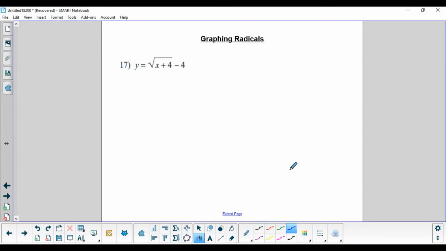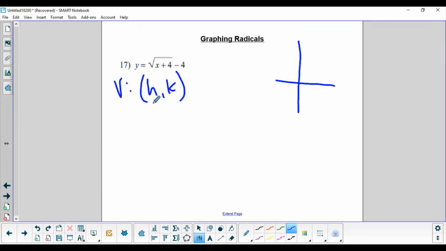I like to graph my radicals starting with the vertex. There are a lot of ways that you can approach graphing these, but I like to start with my vertex. So here's my grid. This is my graph. I know the vertex is h comma k.